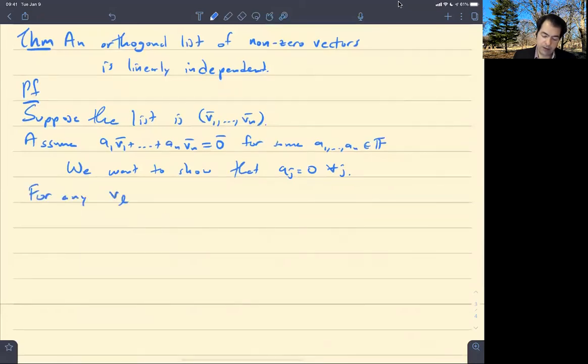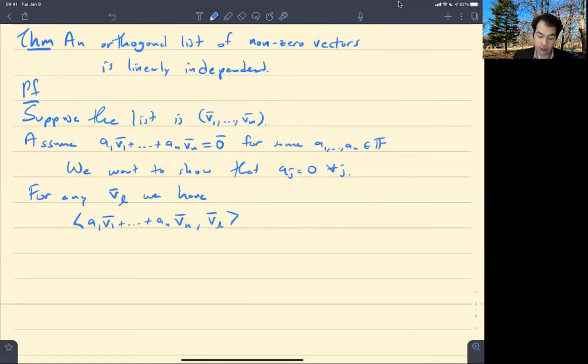So let's say for any VL in this list, let's take the inner product of this linear combination with VL.